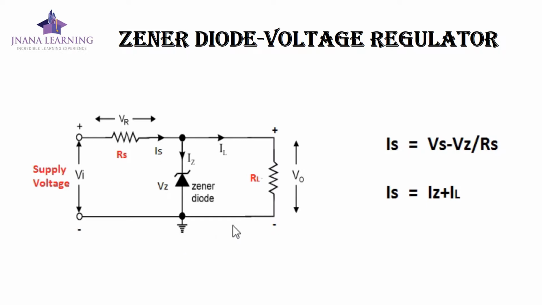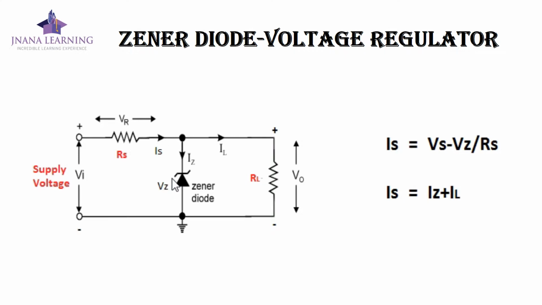So as long as voltage across the load resistor RL is less than the breakdown voltage, the Zener diode doesn't conduct. And the resistors RS and RL constitute a potential divider across the supply voltage. Now at an increased supply voltage, the voltage drop across the load resistor becomes greater than the Zener breakdown voltage.